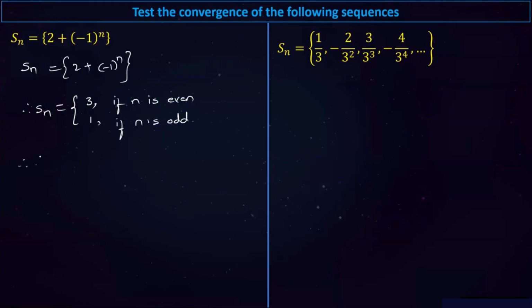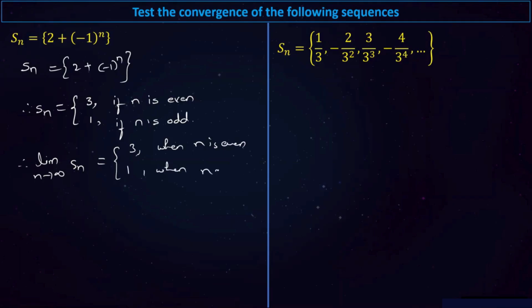So therefore, you see, limit n tends to infinity Sn. Does it exist now? When n tends to infinity, depending on whether it is even or odd, we'll get two different numbers. So the limit as n tends to infinity is 3 when n is even, and it is 1 when n is odd. In this case, we can say the limit doesn't exist.